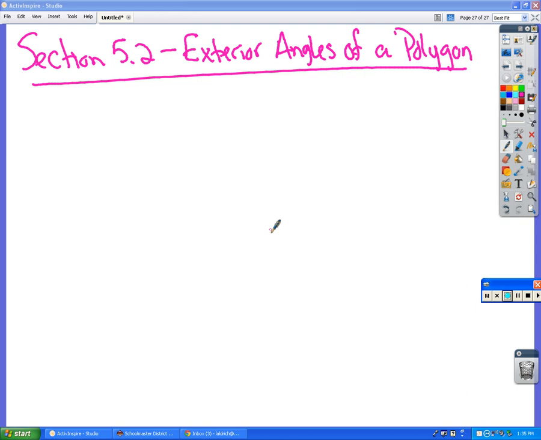The reason that they add up to 360 is because you're going all the way around the shape in a circle, and the circle is 360. So if you get all the way around the shape, that's going to be 360 as well. Okay? So, a couple of conjectures for you.